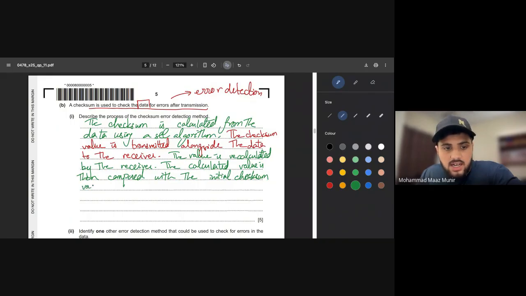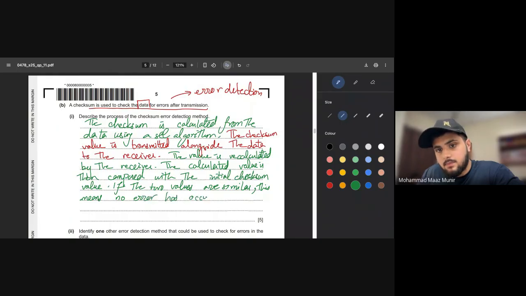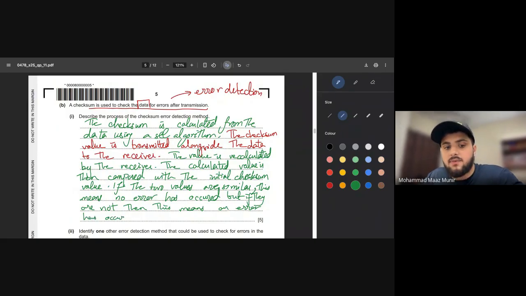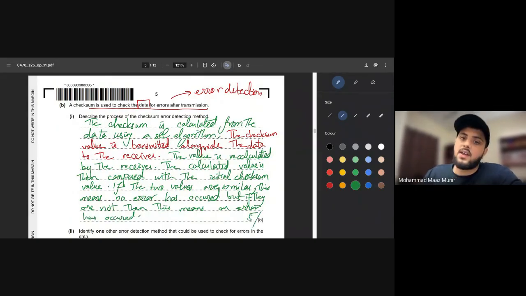If the two values are similar, this means no error has occurred. But if they are not, then this means an error has occurred. And this will get you a perfect 5 on 5, inshallah. Understood?